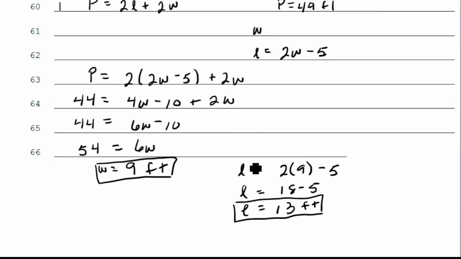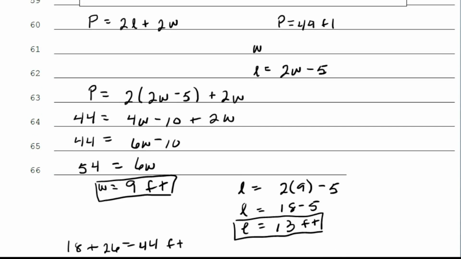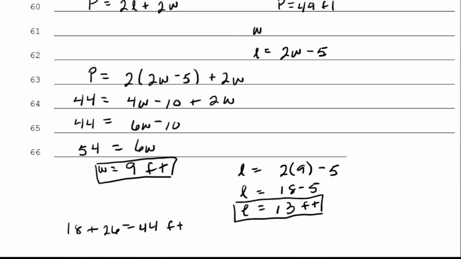And a quick check, you got 2 widths, that'll be 18 feet, plus 2 lengths, that'd be 26, and it does equal 44 feet. And that's what the problem calls for. Find the dimensions, the width and the length: 9 feet and 13 feet.